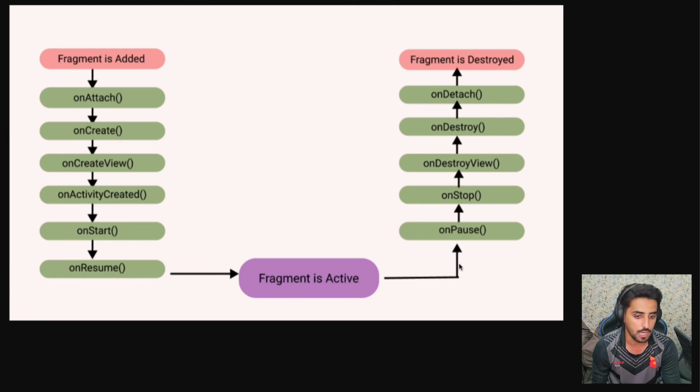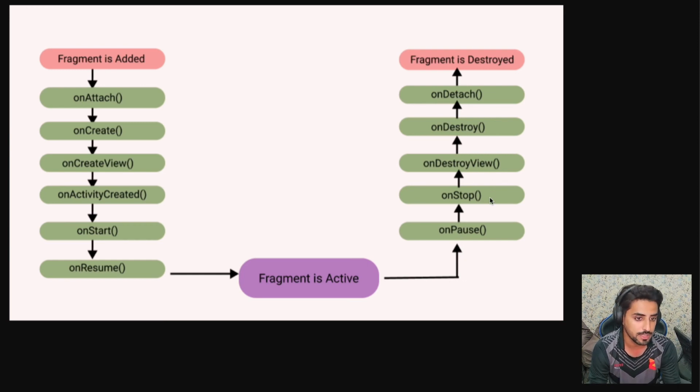And let's say if the fragment has gone to the background, or maybe it has been destroyed, what happens is that on pause is called, and then on stop is called, and then on destroy view. So basically, it's just the same thing. On pause means that the focus has been taken out.